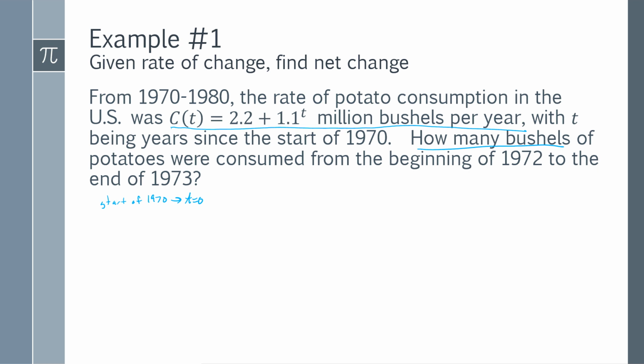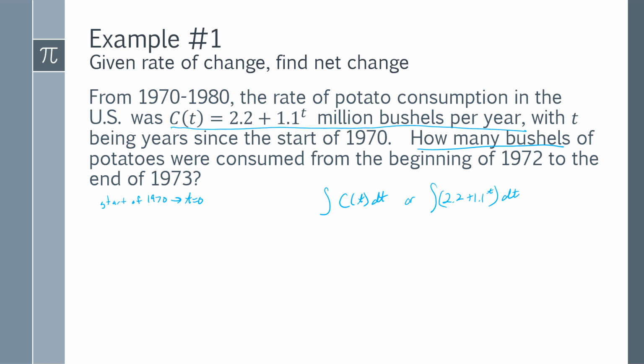So accumulating the rate means I'm taking the integral of the rate. They called it C of t, so I'm just going to write C of t. I could also have written the actual function, 2.2 plus 1.1 to the t dt. In terms of the AP exam, writing either of those is correct because they defined what C of t was.